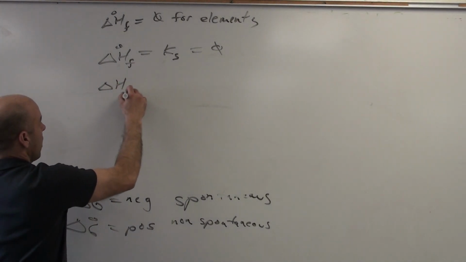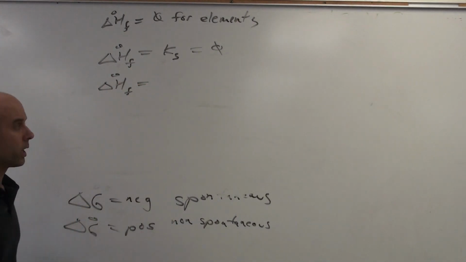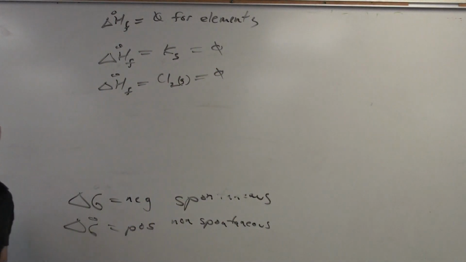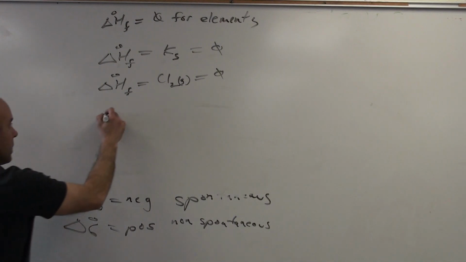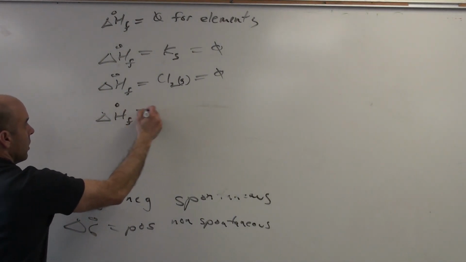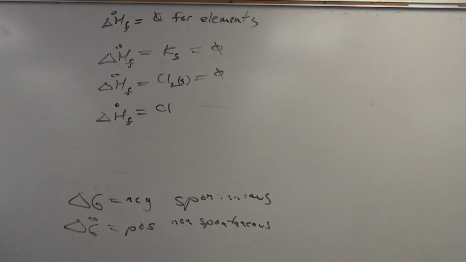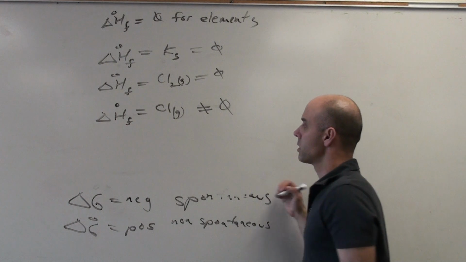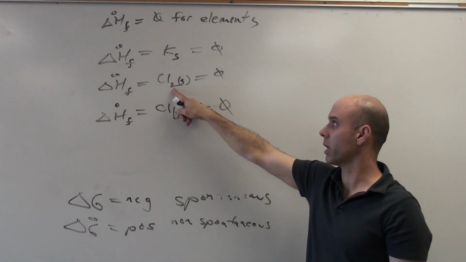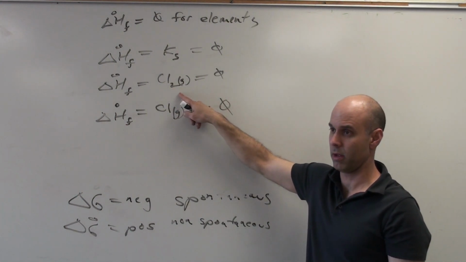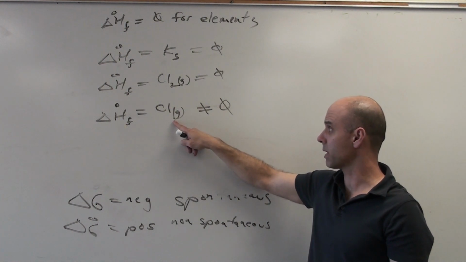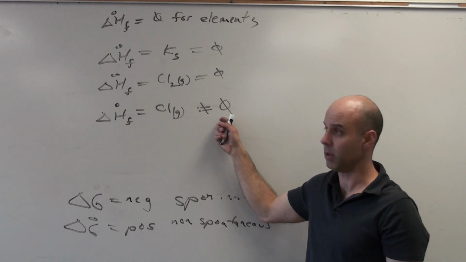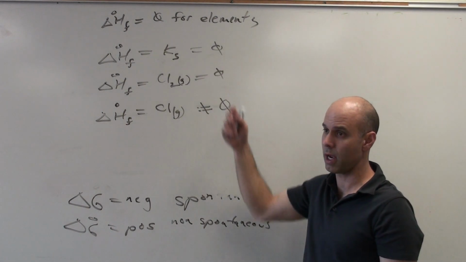Delta H of formation of chlorine gas would be 0. But the delta H of formation of monatomic chlorine gas would not be 0, because the most common state of the element chlorine is diatomic. So if you change it to monatomic, something that's not very common, it's not going to be 0. And you have to look it up in the table.